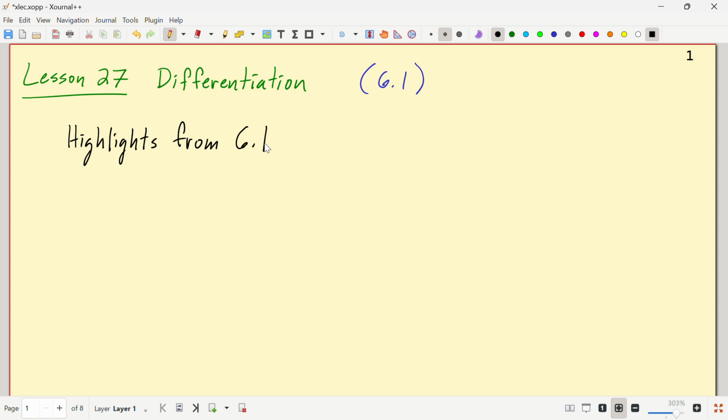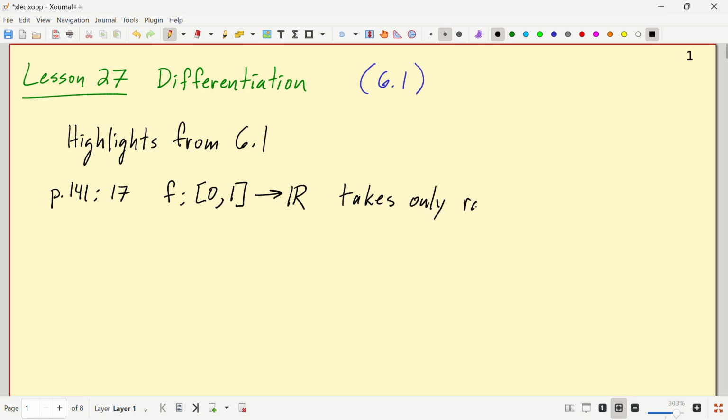Yeah, so in page 141, number 17, they're saying they have this function f from [0, 1] into the real numbers. It takes only, let's do the case rational numbers, only rational values.